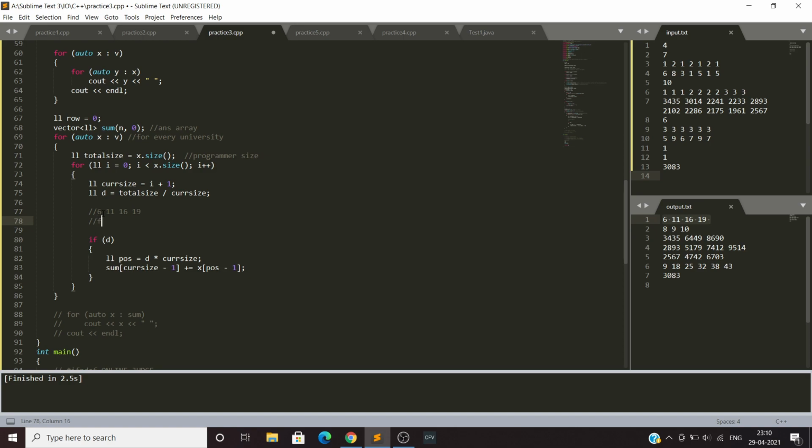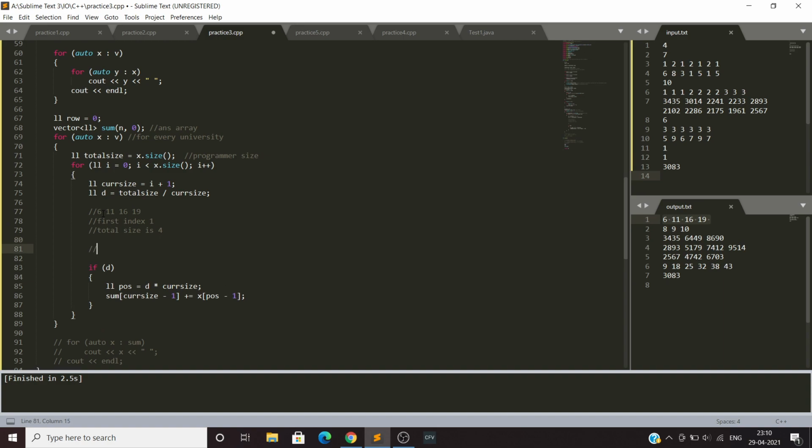So this is the first index, the first index is 1, and the total size is 4.